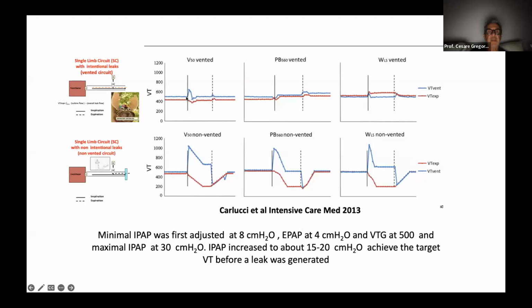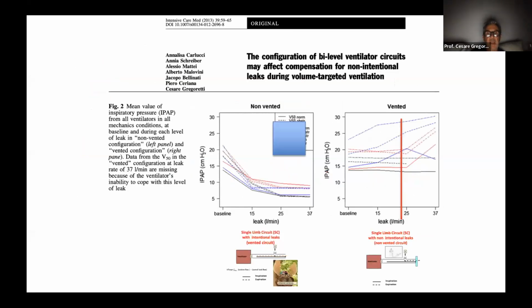You can see that during the leaks in vented configuration, we have almost constant maintenance of the preset tidal volume. While during non-vented configuration, unfortunately, the pressure went down and the expiratory tidal volume went down, while inspiratory tidal volume went up.